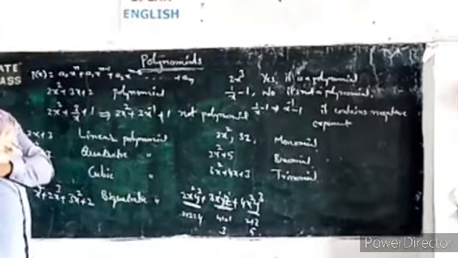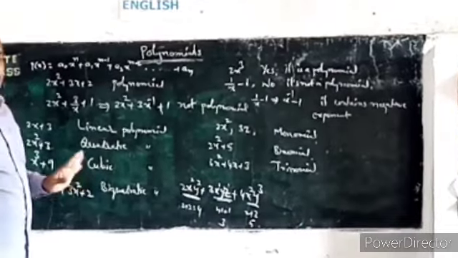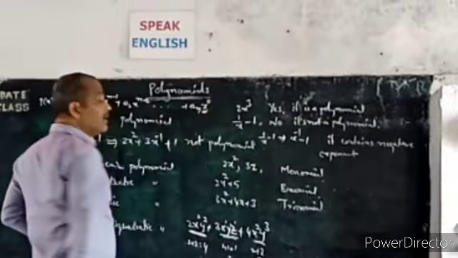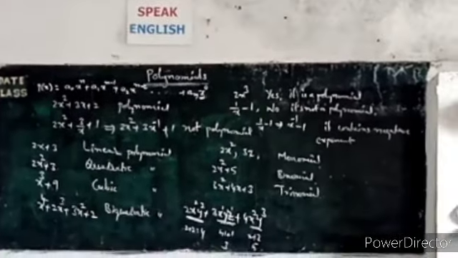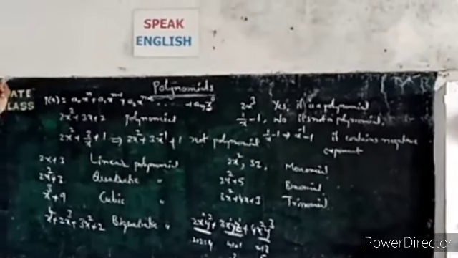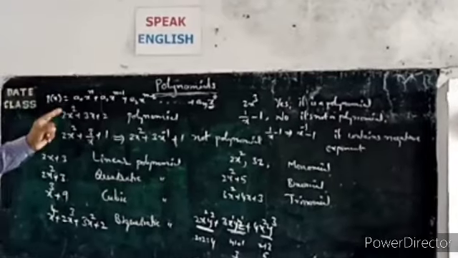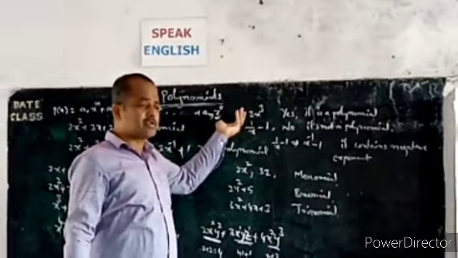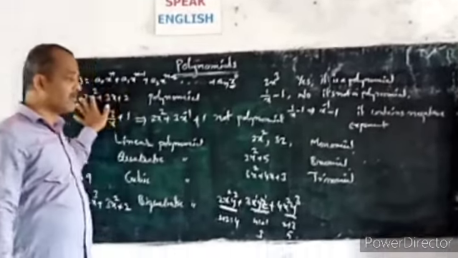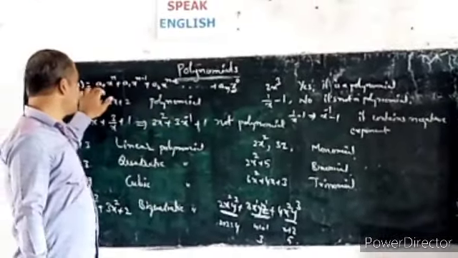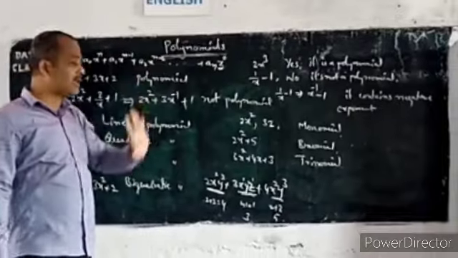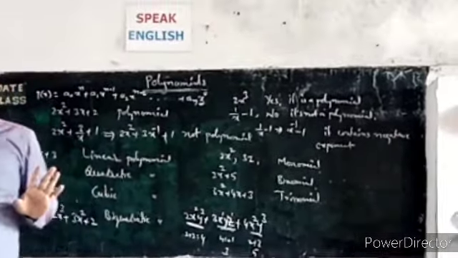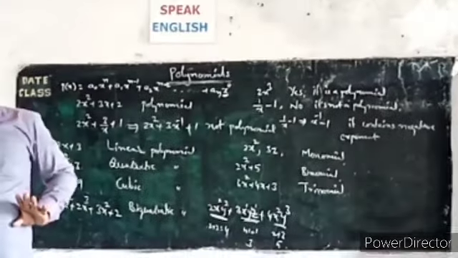In the last term there is no x term, meaning x power is 0. Any term with exponent 0 has value 1, so there is no need to write x power 0. This is the general form of the polynomial. Here a0, a1, a2 are all coefficients and constant terms.